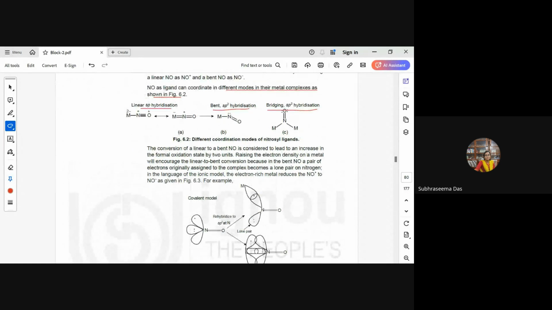The conversion of a linear to a bent NO is considered an increase in the formal oxidation state by 2 units. Raising the electron density on a metal will encourage the linear to bent conversion, because in the bent NO, a pair of electrons that originally was bonding becomes a lone pair on the nitrogen.